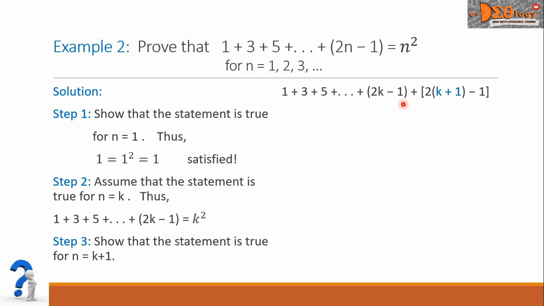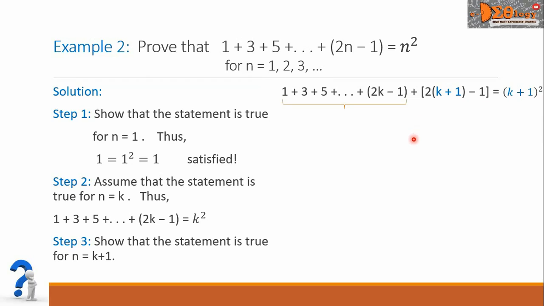The 2k minus 1 is the last term here, and we will add this plus 2 times the quantity k plus 1, then minus 1. For the right side, the k here will be replaced by k plus 1. So the k squared becomes k plus 1, and the quantity is squared. So we're going to prove that the left side is equal to the right side.